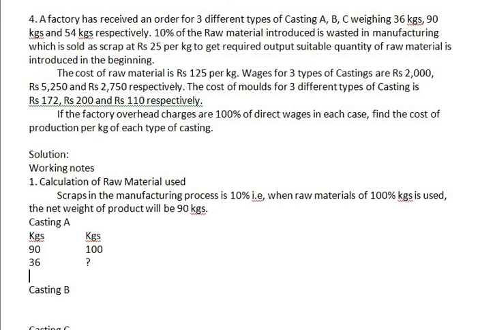Again cross multiplication: 36 into 100, divided by 90 kgs, which equals 40 kgs.